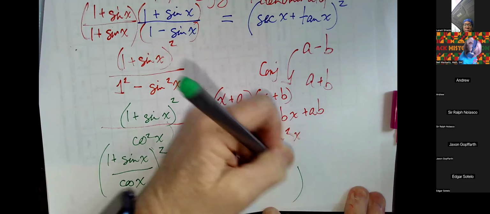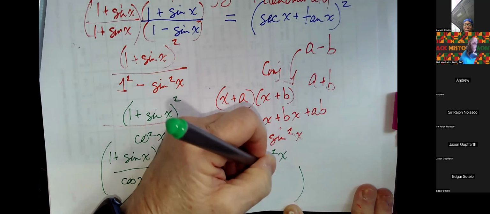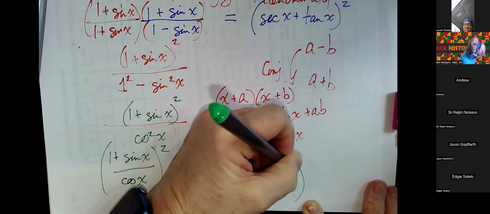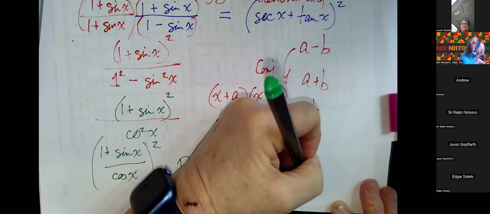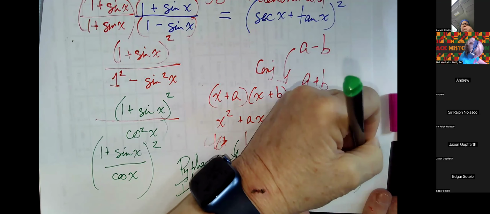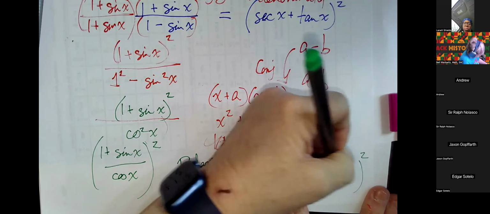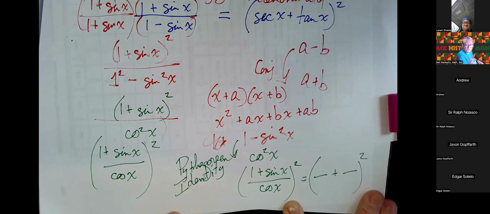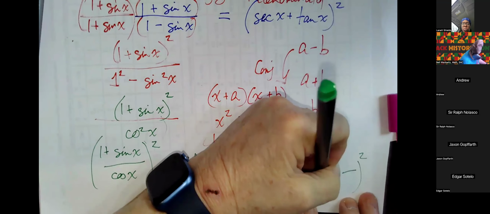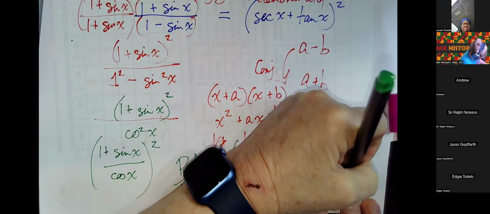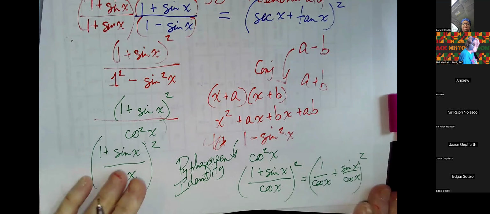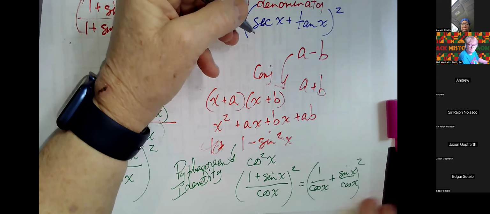It would be 1 over cosine plus sine over cosine. Good. And now do you see that we're there? Yes.